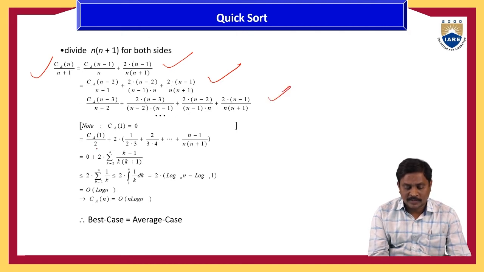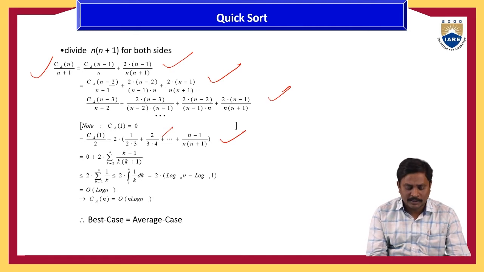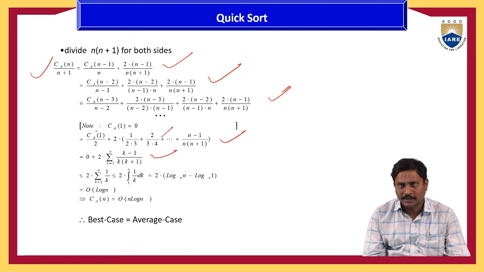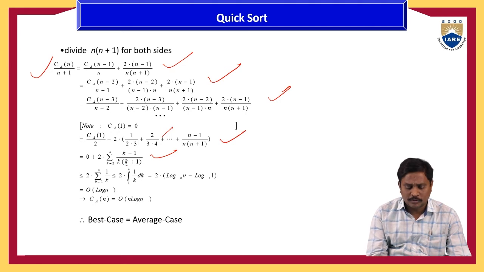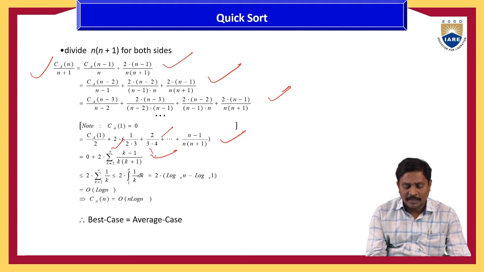We get the equation as Ca of 1 by 2 plus 2 into 1 by 2 into 3 plus 2 into 2 divided by 3 into 4 plus and so on, n minus 1 by n into n minus 1. So write this equation as Ca of 1, whose value is 0, plus 2 into the summation, we write all these values as summation k equal to 2 to n of k minus 1 by k into k plus 1.